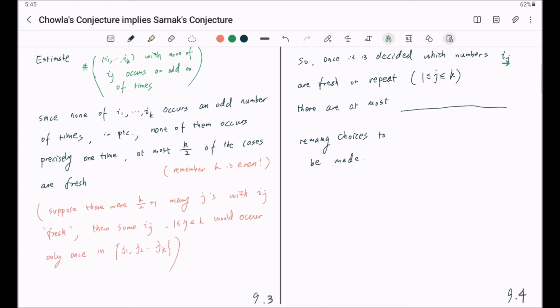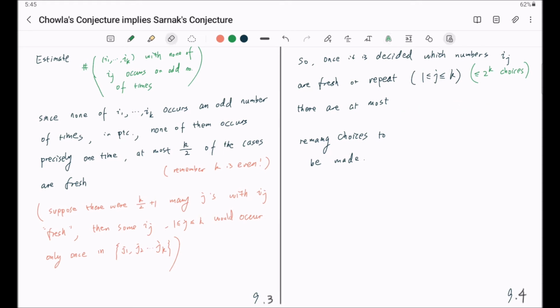So first notice that the decision on how many numbers i_j are fresh and how many of them are repeat, the choices here will be at most 2 raised to the power k. 2 times 2 times 2, there will be k choices because we are looking at i_1 through i_k, k terms.